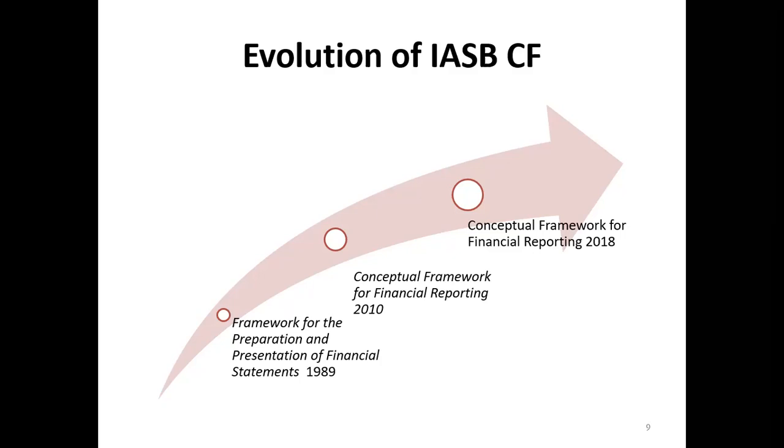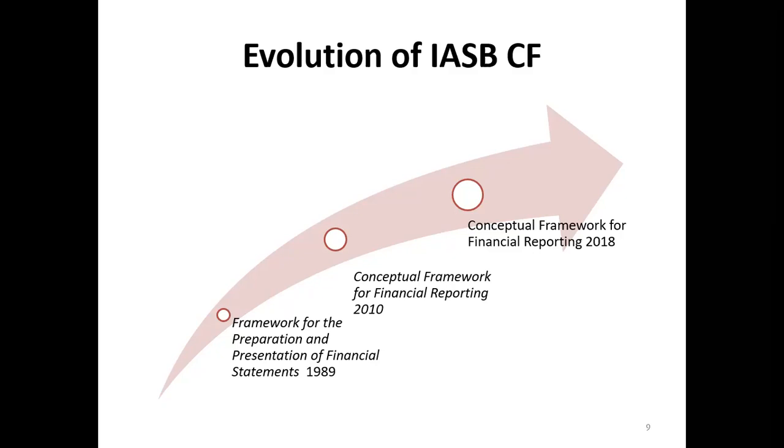They could not agree on the reporting entity. They could not agree on the definitions of elements of financial statements, then the recognition, measurement, presentation. Those aspects they could not cover. All they could achieve is only the first phase.